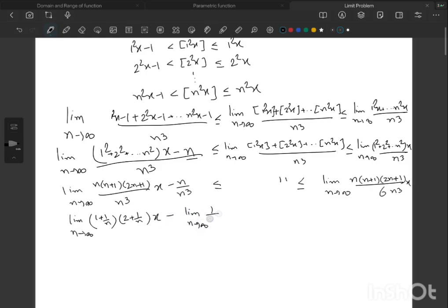Distribute the limit, with 1 over n square. This becomes the limit n tends to infinity of 1 plus 1 by n, into 2 plus 1 by n, into x divided by 6. Put the limit n tends to infinity: it becomes 1 into 2 divided by 6 into x.